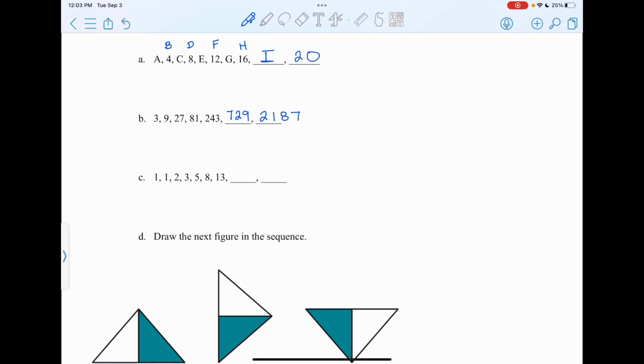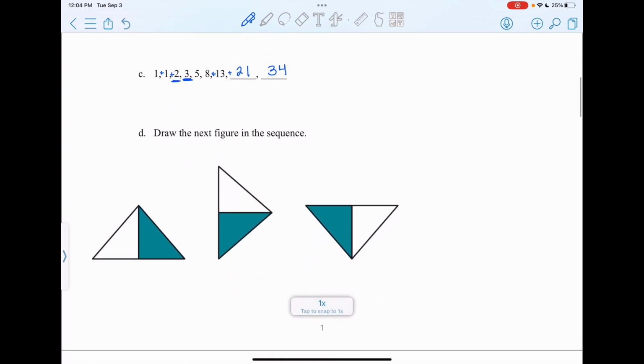So for example, to get 2, I added 1 plus 1. To get 3, I added 1 plus 2. So in order to get the next term, I need to add 8 plus 13, which is 21. And then to get the term after that, I am going to add 13 and 21, and that will get me 34.